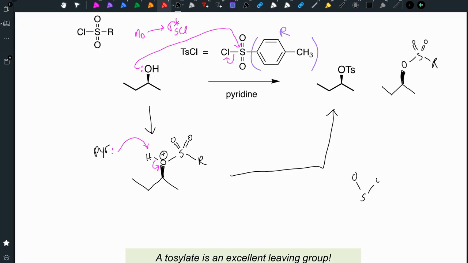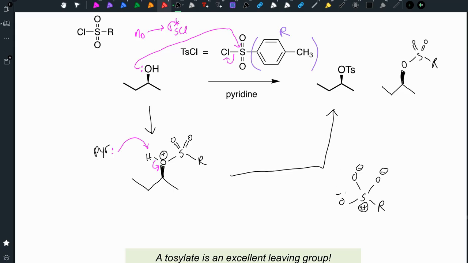Now this is a really good leaving group because if you look at your pKa chart, you will see something like this listed as a strong acid.